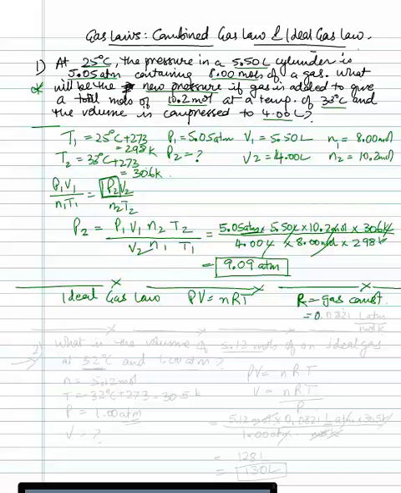Usually this is going to be 0.0821 liters atmosphere per mole Kelvin, which means that when we work with ideal gas law, we have to bring all the units to liters, atmospheres, moles, and Kelvin. Kelvin we are used to, but we have to work in atmospheres also at this point.